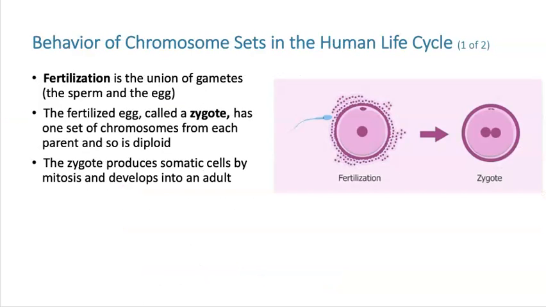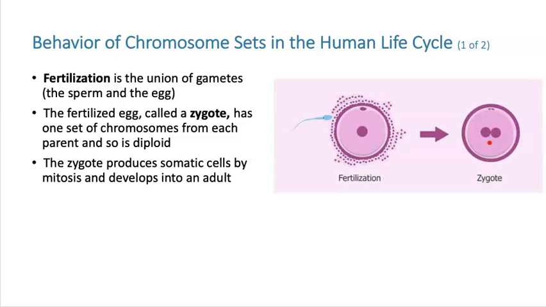At fertilization, when sperm joins with egg, that's when we start to have this structure called the zygote. This is the fertilized egg. And this fertilized egg has 1 set of chromosomes from each parent, 1 from mom and 1 from dad. And that's why we can now say that this zygote is diploid.